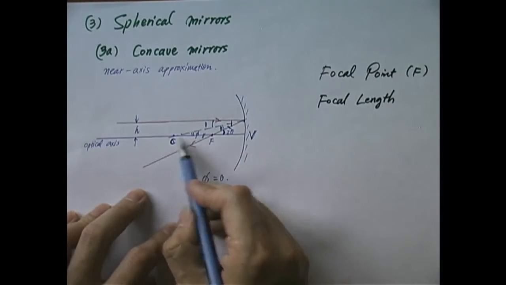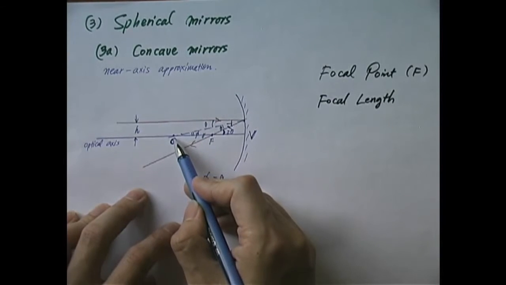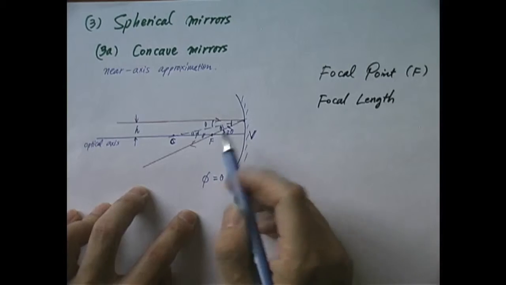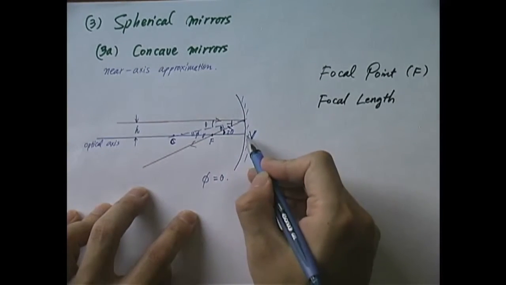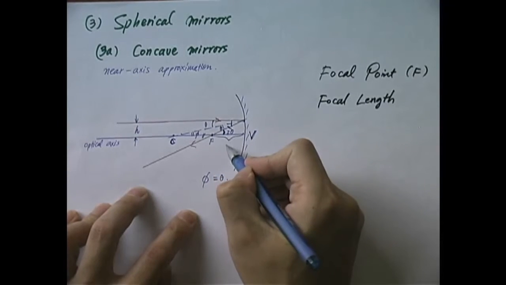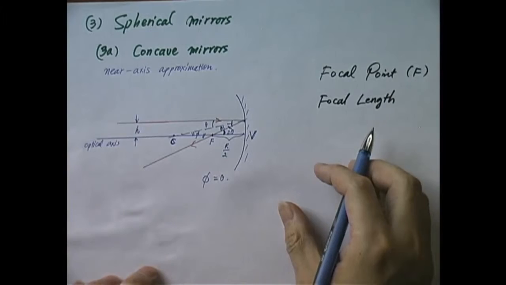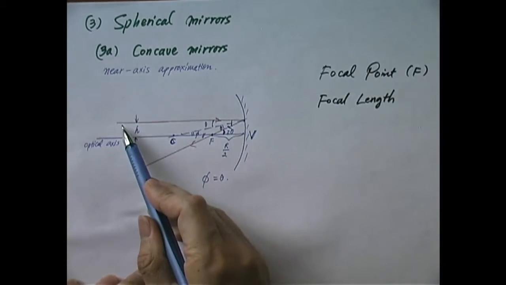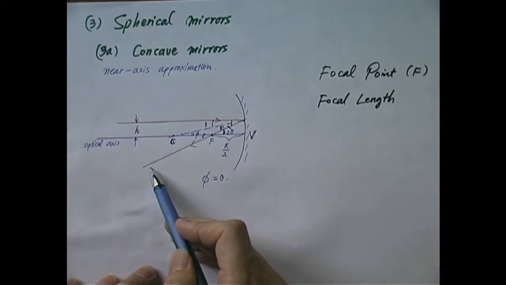Now the total distance between C and V is what? That is the radius of the sphere, right? Because C is the center of the sphere, and therefore CF and FV are both equal to about half of the radius. So the distance between that point F and the vertex is about R over 2. Now you have to understand that that point is where any near axis beam must cut across the optical axis.